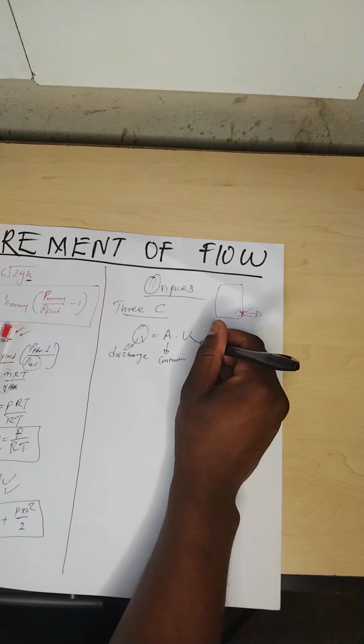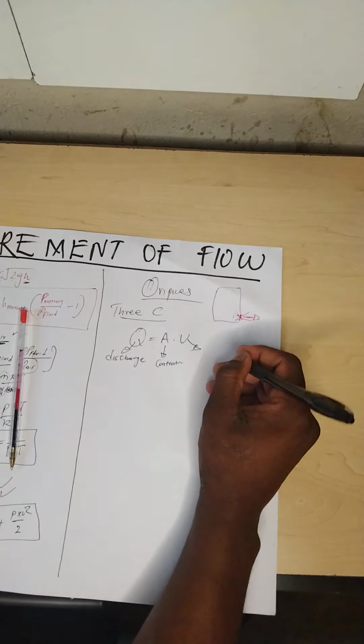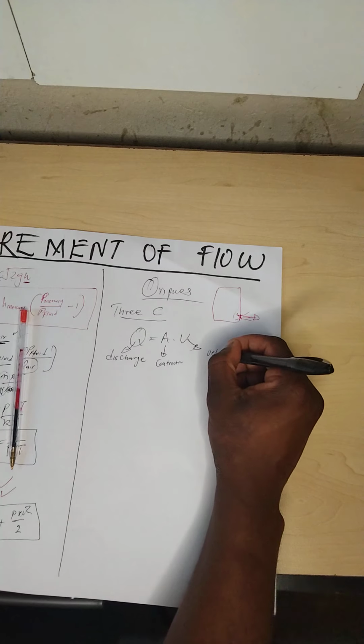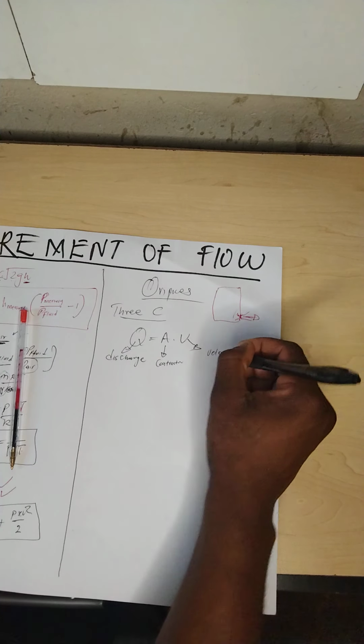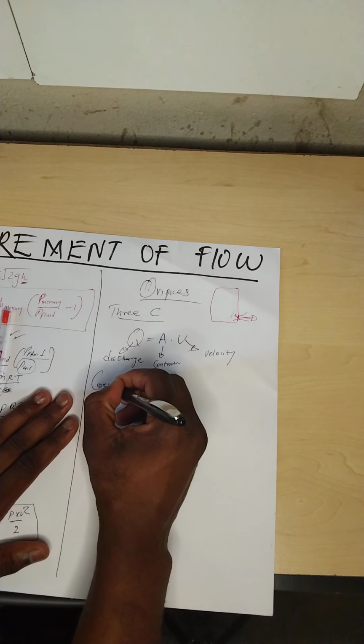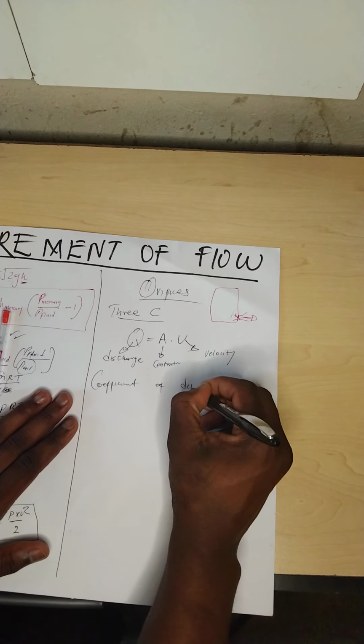Then velocity: at what velocity is it leaving the orifice? You always name this velocity. So you're going to have your three C's. Number one is the coefficient of discharge.